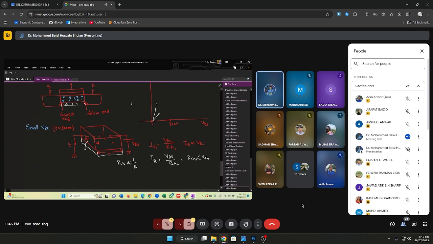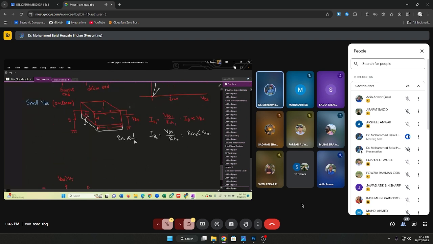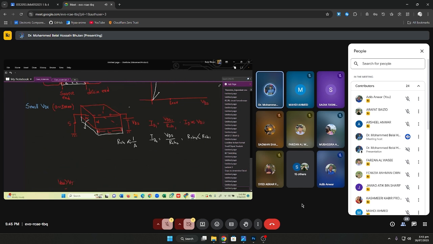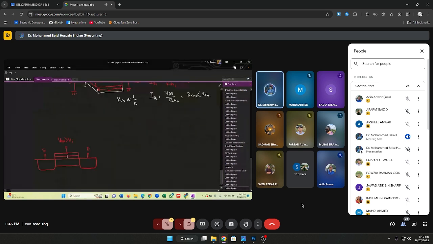Next, if I keep on increasing the voltage beyond where it works linearly, VDS will no longer remain uniform.